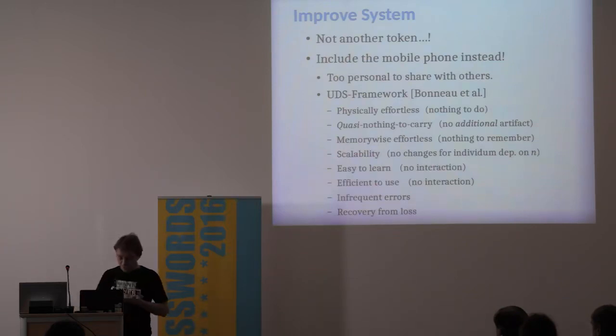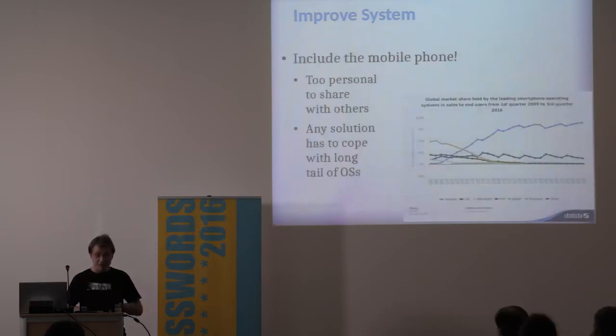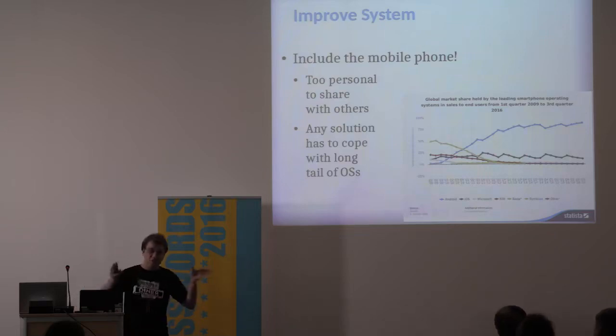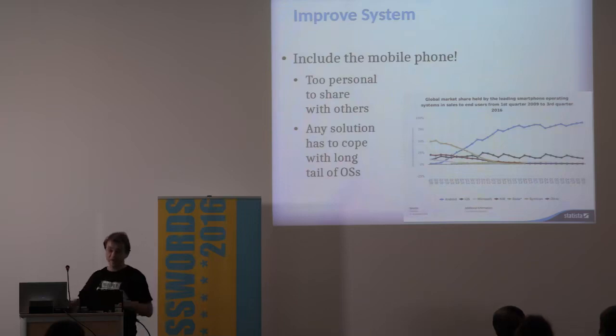But with mobile phones, we hope they are too personal to share. But on the other hand, you need to support a lot of operating systems. So yes, of course, the two major operating systems have over 90% of market share, but there is a very long tail of mobile phone operating systems.